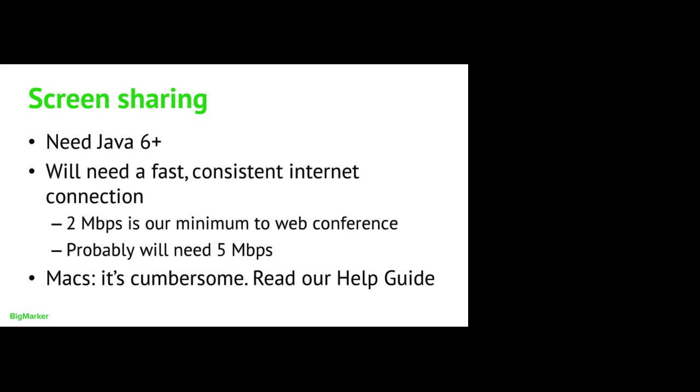Screen sharing works by sending a signal to our server, and then from our server it's downloading onto everybody's computer. So that just takes a while to go up. If you have a slow internet connection, that process is going to be pretty bad. So please do not expect screen sharing to work really well if you do not have a strong internet connection.